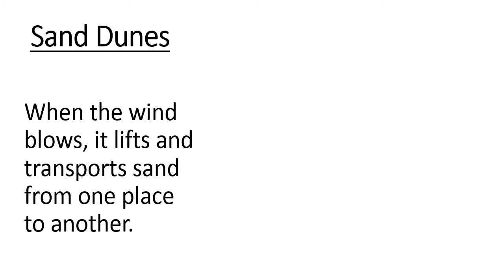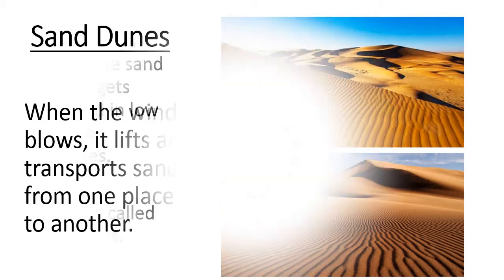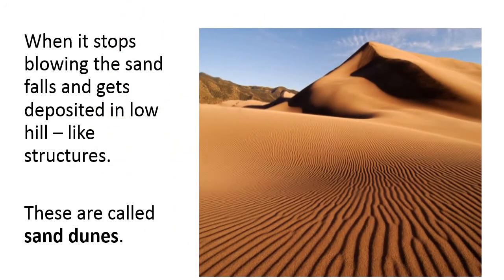Now the next feature which is formed by the wind is sand dunes. How are these sand dunes formed? When the wind blows, it lifts and transports sand from one place to another. When it stops blowing, the sand falls and gets deposited in narrow hill-like structures.